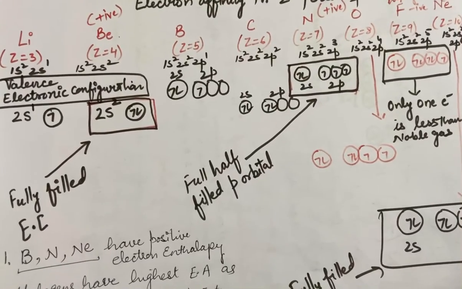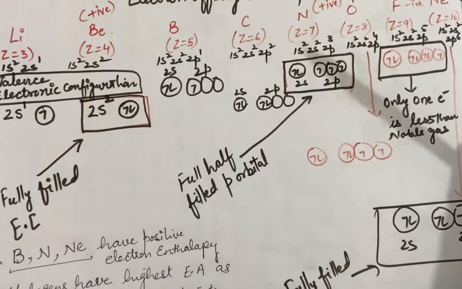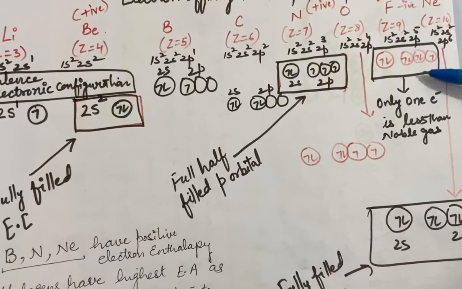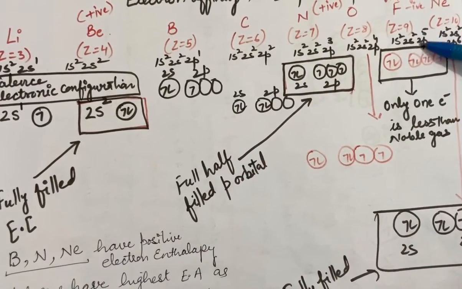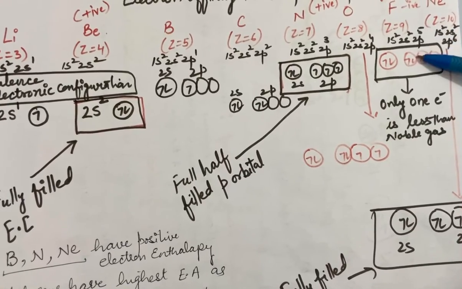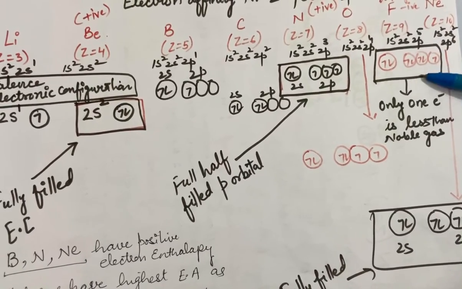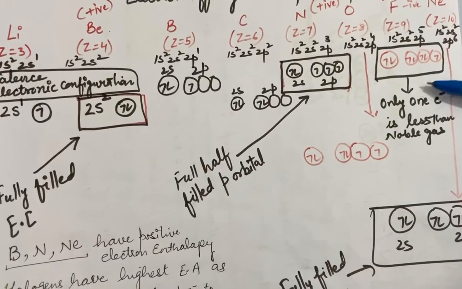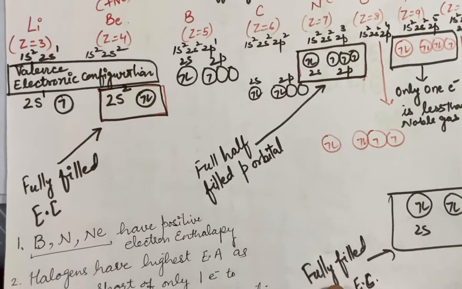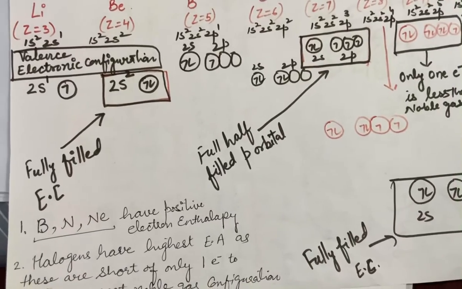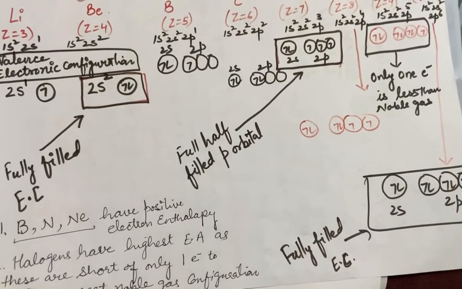On the other hand, halogens have valence configuration 2s2 2p5. They are short of only one electron from the nearest noble gas configuration, meaning halogens have a very strong tendency to attract one electron so as to achieve the nearest noble gas configuration.